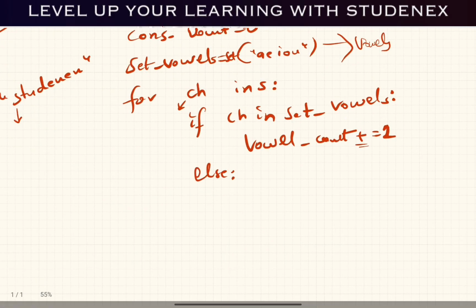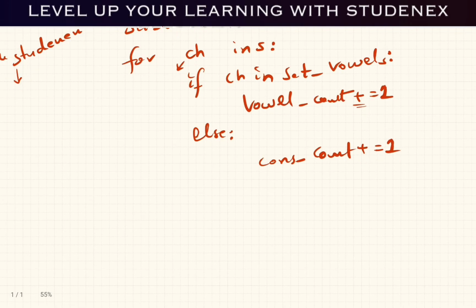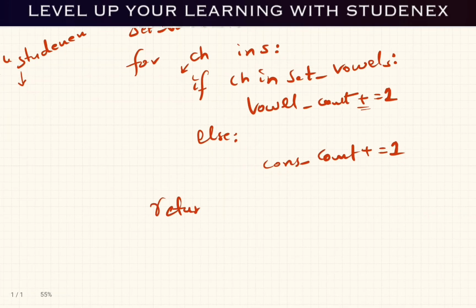Else, if it's not in the set of vowels, I'm gonna increment consonant count. Just a spelling mistake, guys. Consonant count plus equals 1. So at the end, I'll just return both of them. I'll just return vowel count.